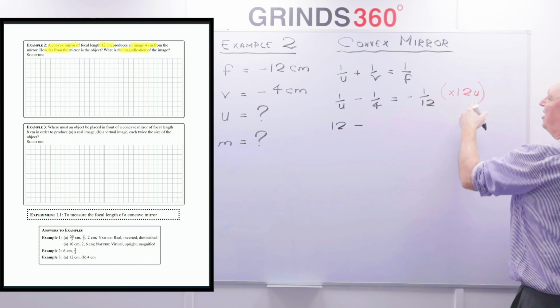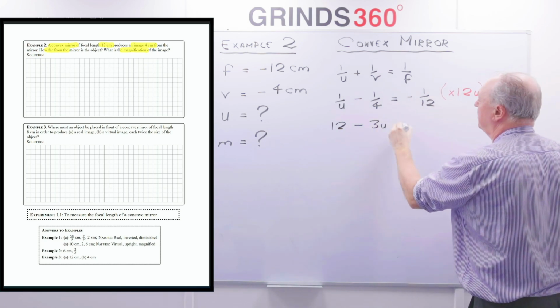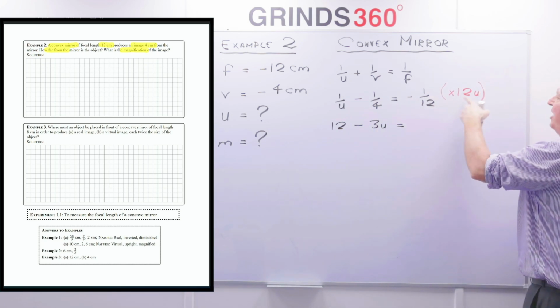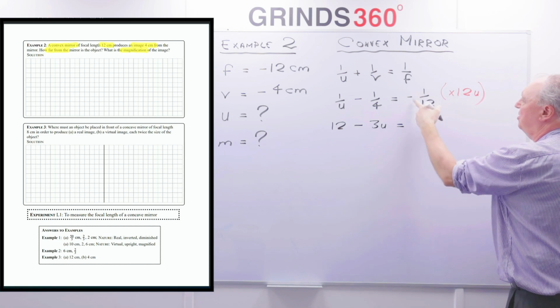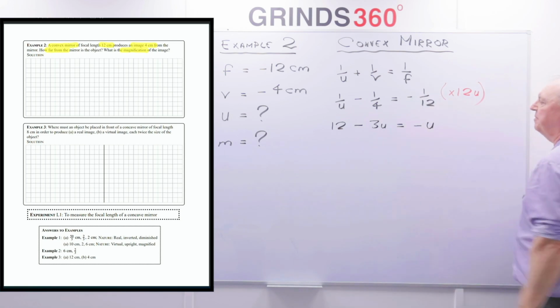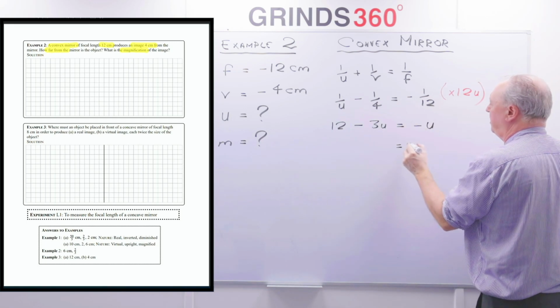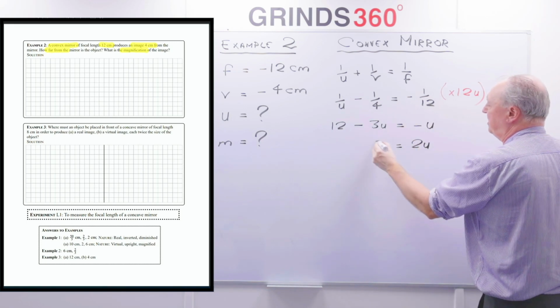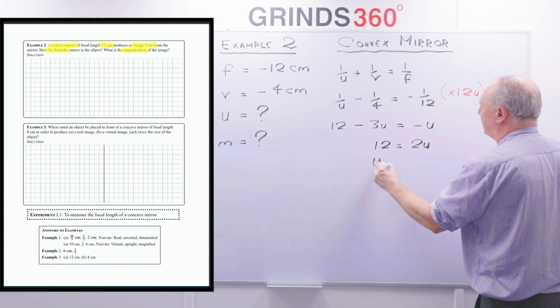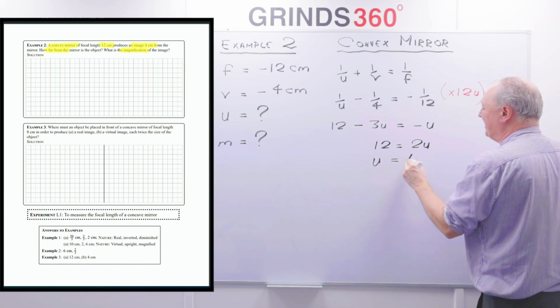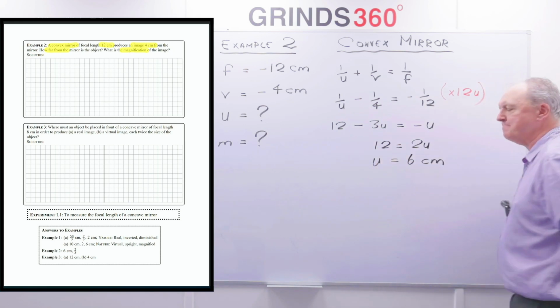Minus 4 to 12u is 3u. Equals 12 into 12u is u. So it's minus u there. So bring my u's to the right-hand side. So I get minus u plus 3u gives me 2u is equal to 12. And therefore u is equal to 6 centimeters.